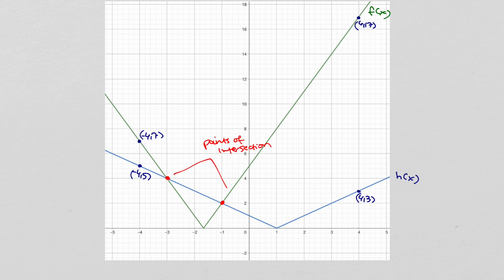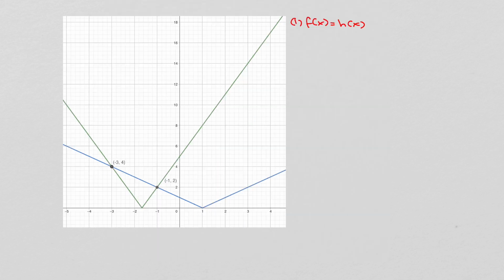So basically, the points of intersection means that that's where the graphs are equal. So in other words, that's where f of x equals h of x, which is the first part of the question that we have to answer. So if I mark my values in, I can see that if I go down from the point of intersection to the x-axis, then my x values are x equals -3 and x equals -1.